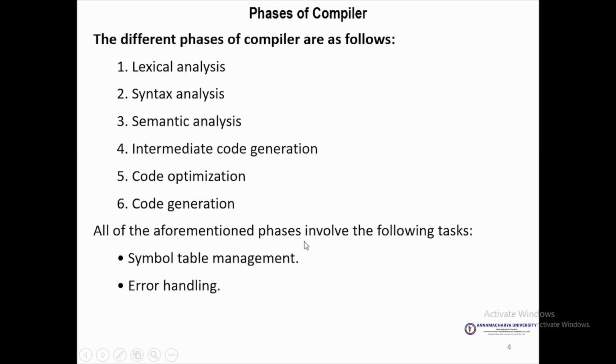The different phases of compiler are as follows: lexical analysis, syntax analysis, semantic analysis, intermediate code generation, code optimization, and code generation. All these phases involve the following tasks: symbol table management and error handling.